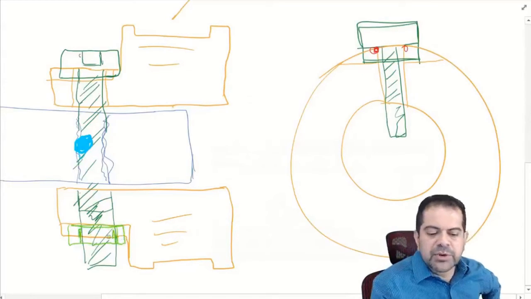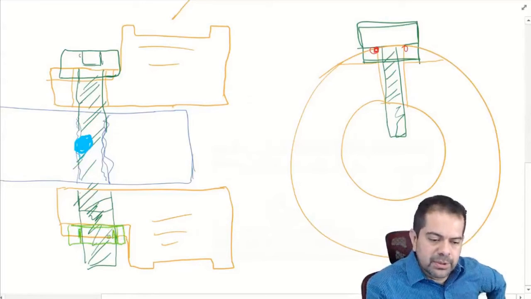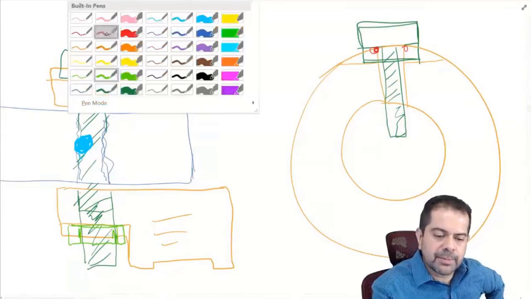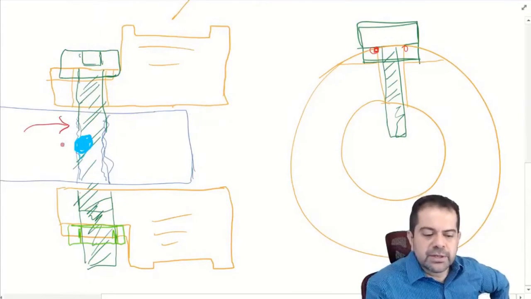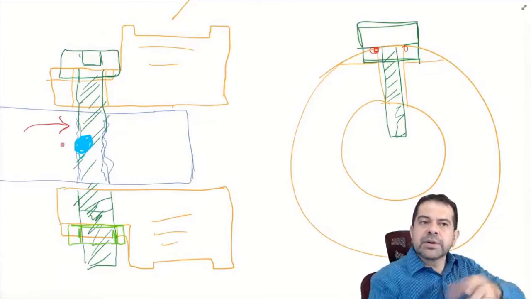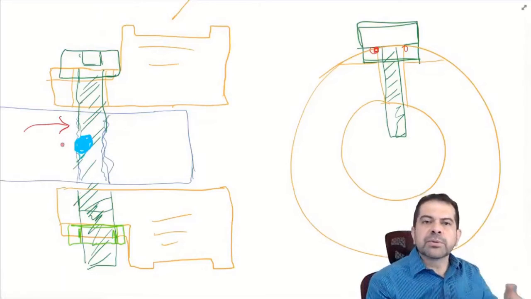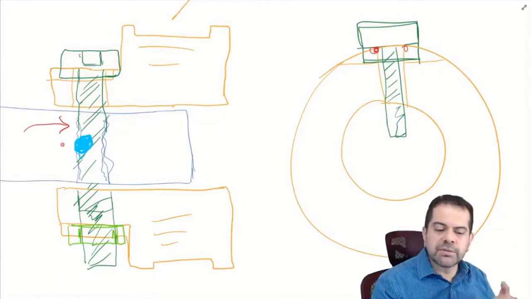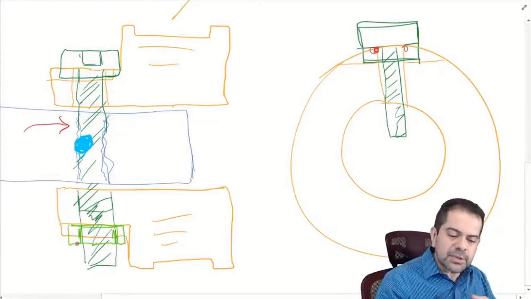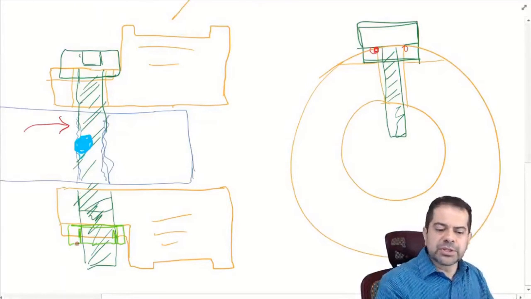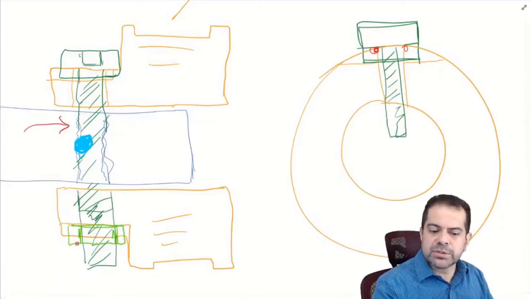So the primary hold would be the engagement between the two threads right here: the internal thread of the shaft and the external thread of the screw. That's the primary area. And if you remember, sometimes we add jam nuts. The jam nut would be secondary, added on the outside. I haven't had the need to do that. Usually, the initial part that I described works perfectly fine.